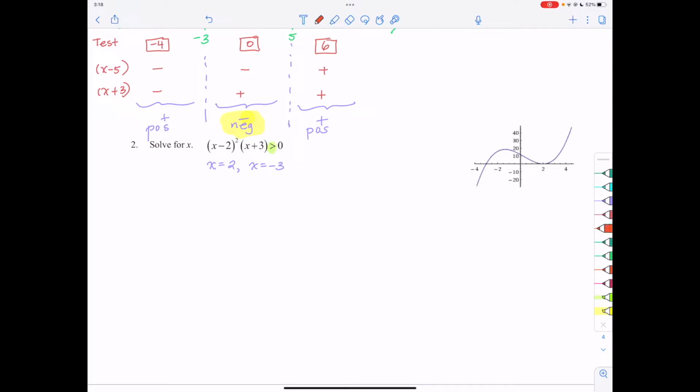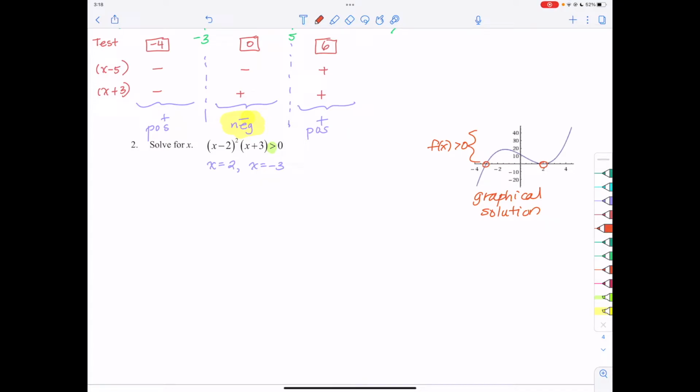Okay, let's see if we can look over at the graph and give our solution before we do the algebra. So the graphical solution, what do you notice? We are greater than 0 from -3, but we don't want greater than or equal, so we need to put open circles here.